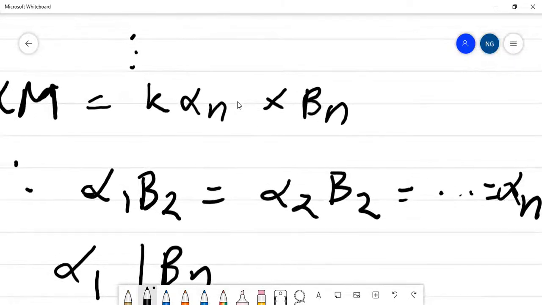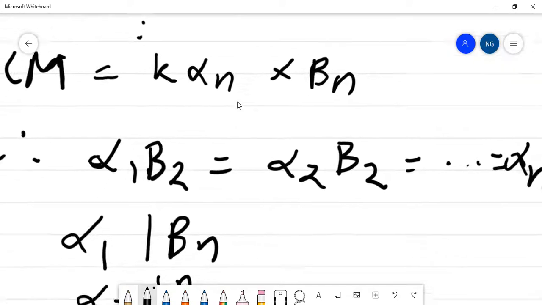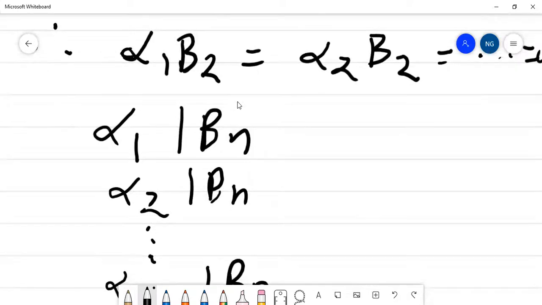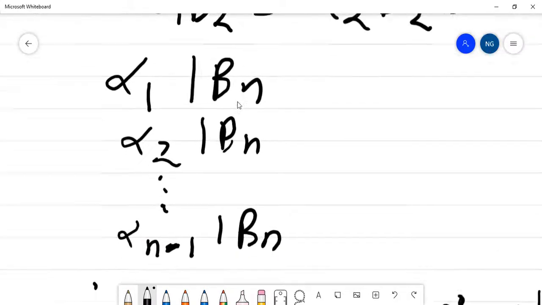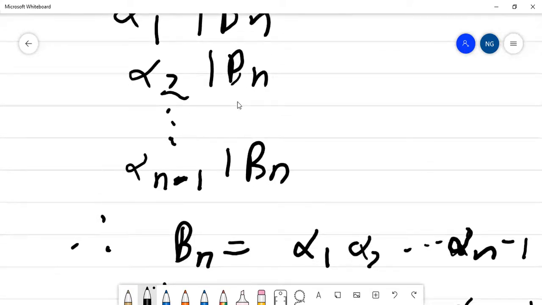We notice that alpha 1 divides bn because alpha 1 does not divide alpha n, because they are co-prime. Alpha 2 divides bn. So alpha 1, alpha 2 and alpha n minus 1 all divide bn. So bn is equal to alpha 1, alpha 2, alpha n minus 1, because we have to minimize to get the least common multiple.